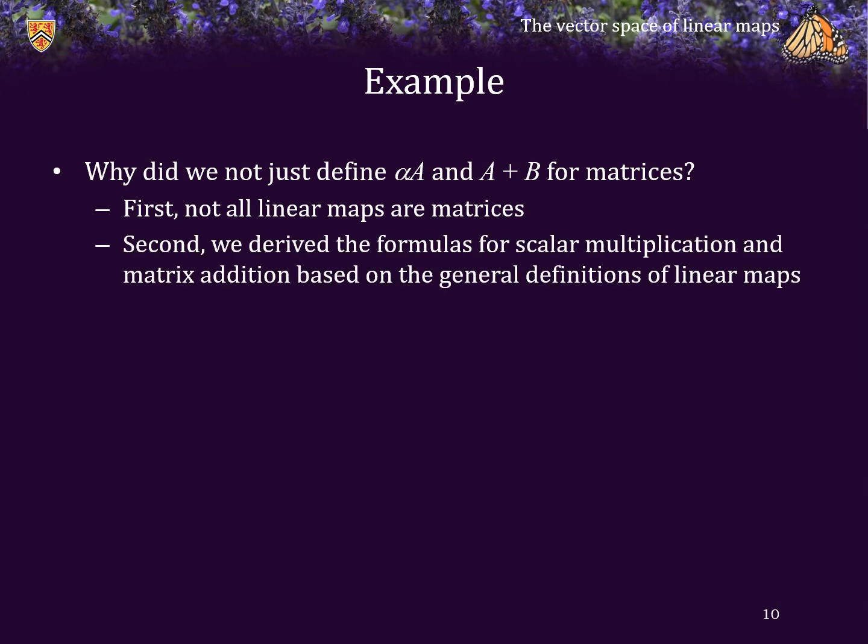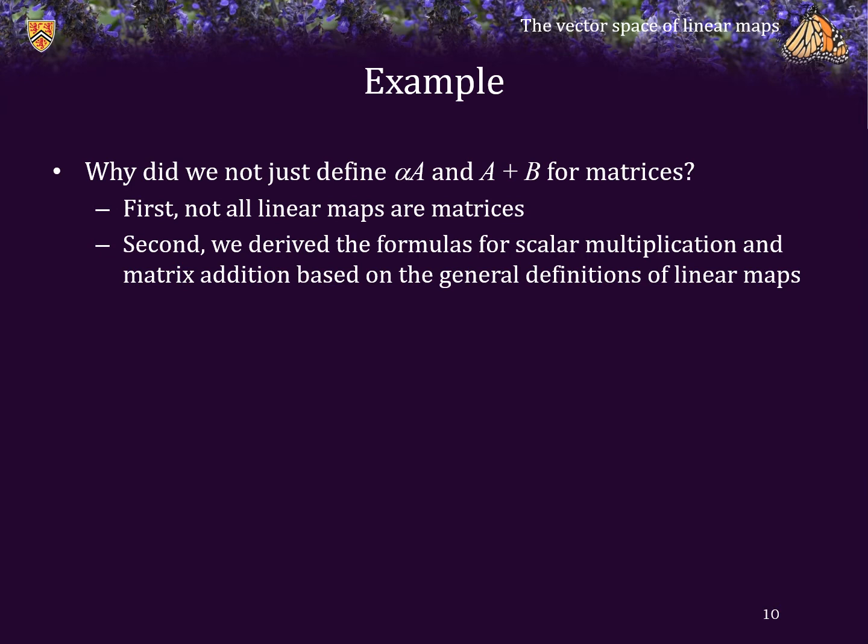Second, notice what we did. We did not define alpha times a matrix and the sum of two matrices. Instead, we defined the general form of alpha times a linear map and the sum of two linear maps. We then saw what happens if that's what we do with matrices.